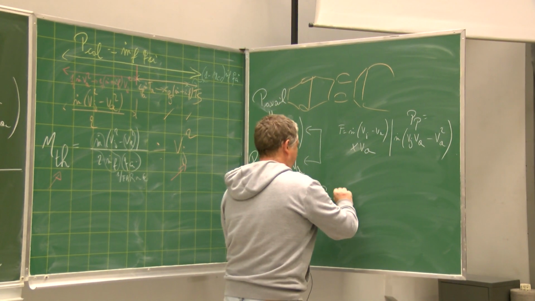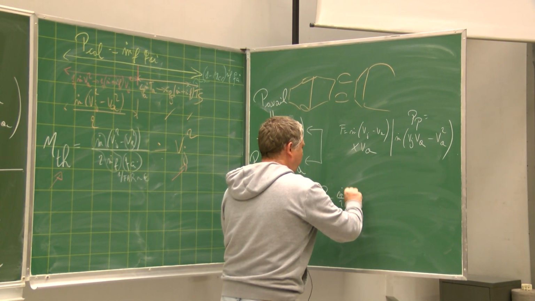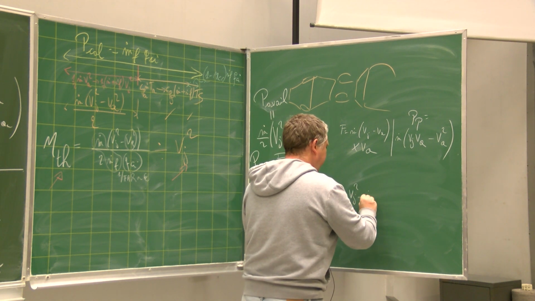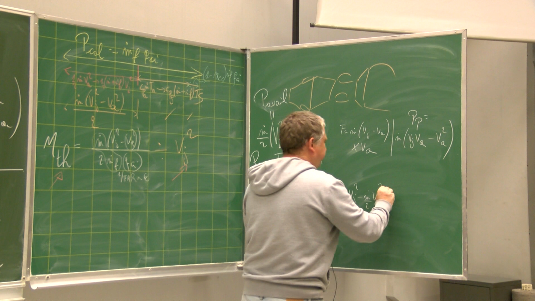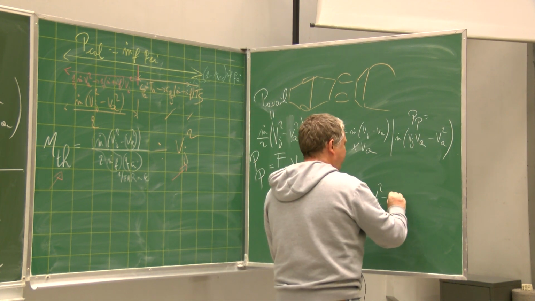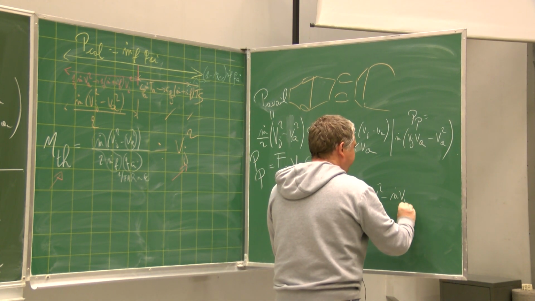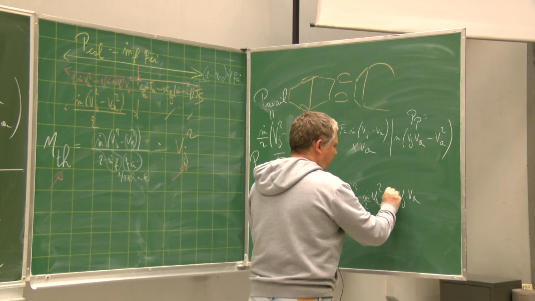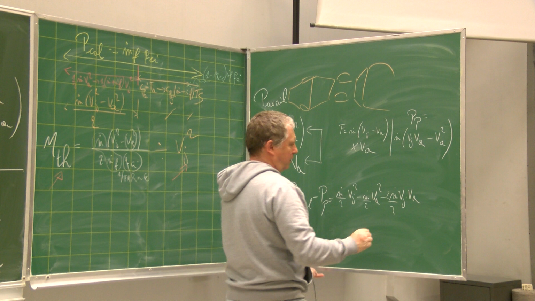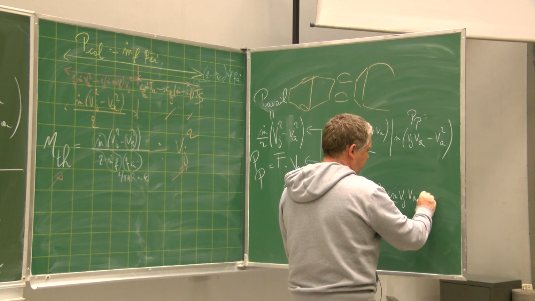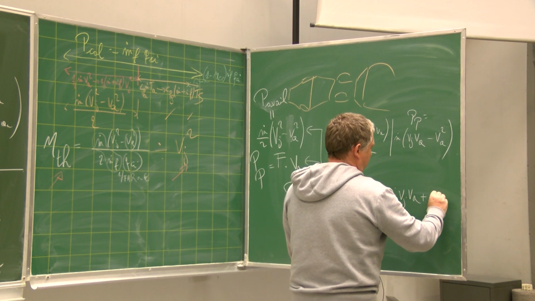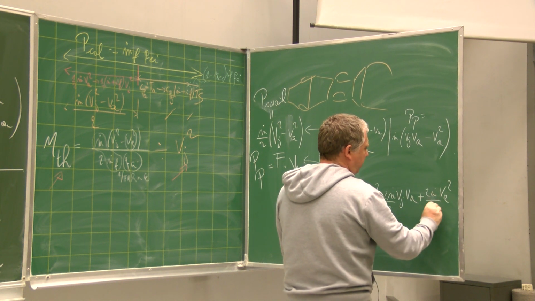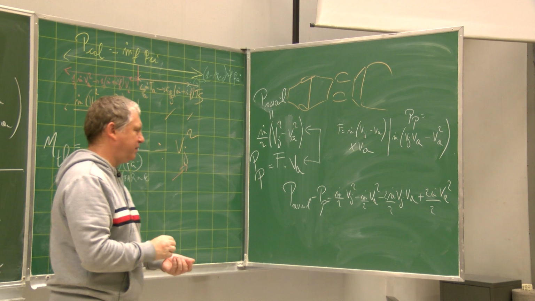We have m dot divided by 2 Vjet square, minus m dot divided by 2 VA square, minus m dot Vjet VA, plus m dot VA square, which is m dot divided by 2 if we factor it.